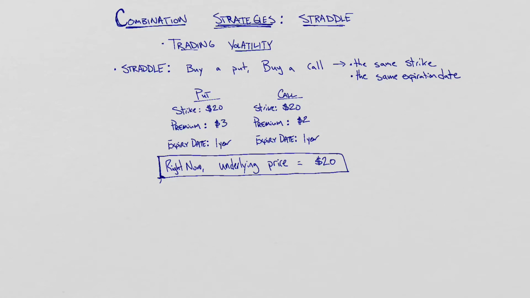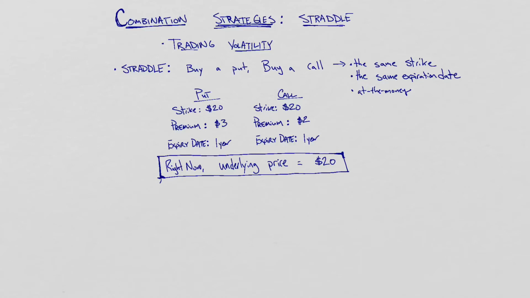Otherwise, there's going to be an implicit bet about the direction of the stock price. So these options have to be at the money if you want to really just trade volatility and not make a directional bet.